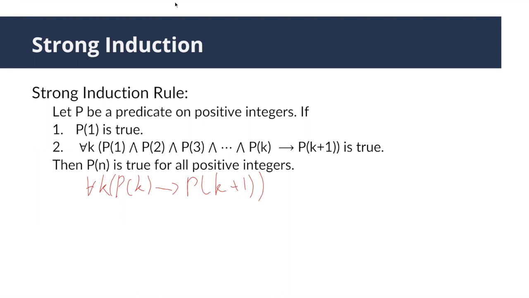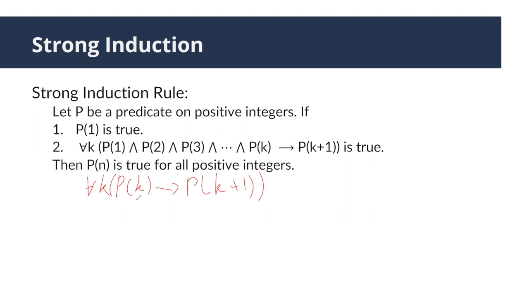And if you compare them, you can see the difference lies in the hypothesis of the implication. For induction, we prove that Pk implies Pk plus 1. But here, we have more premises in the hypothesis.